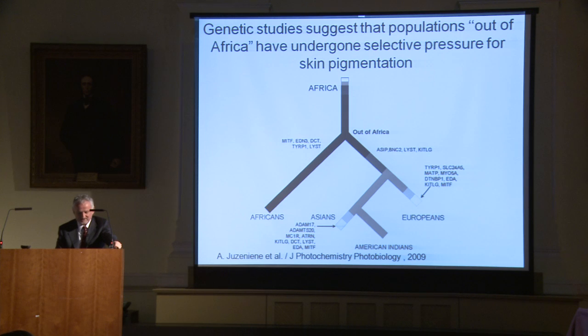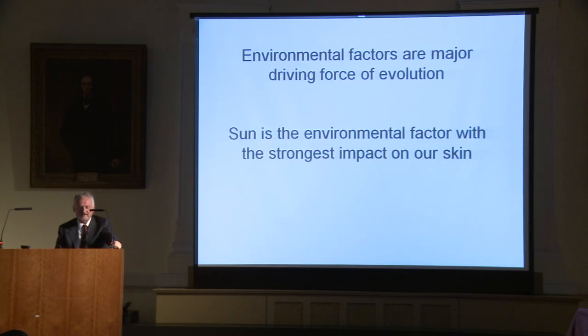So the question is, what is the driving force for the changes in skin color or differences in skin color? In general, a driving force of evolution is an environmental factor.